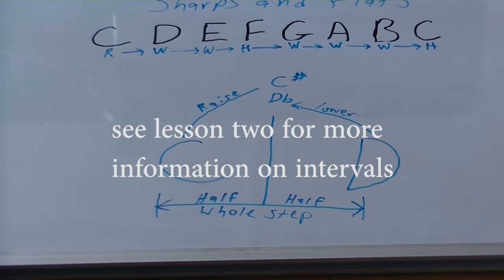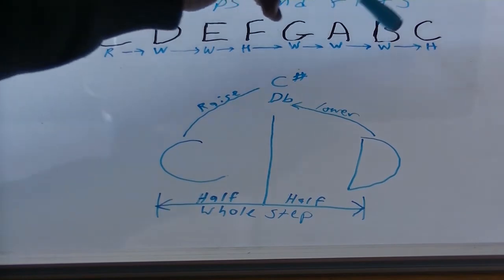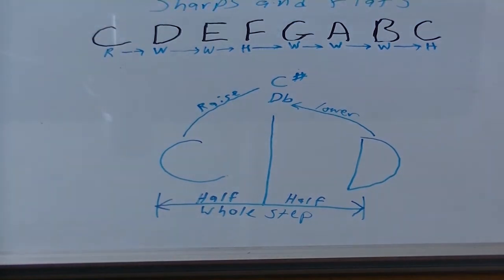Any major scale has to adhere to that interval sequence, or else it's not a major scale. The interval sequence is what makes the scale major and gives it the major scale sound. So rule number 1: all our scales, all our notes, must fit into this interval sequence.